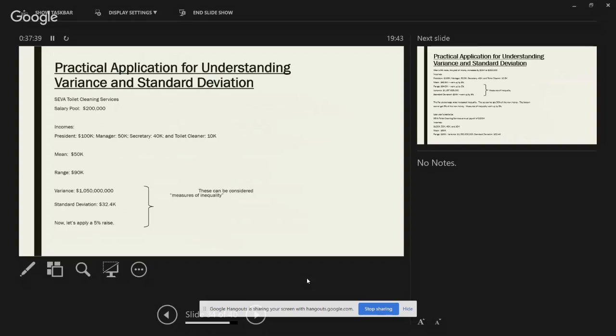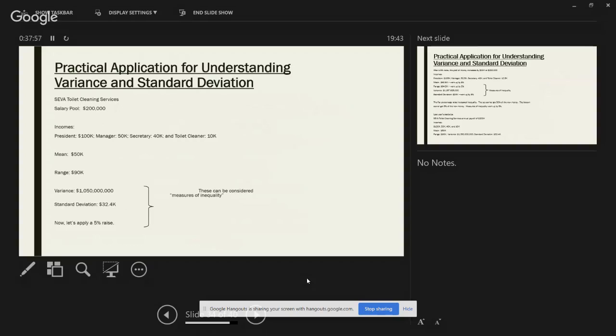And if we see the standard deviation here, it comes out to be $32,400, which basically means that from the mean value, the difference is somewhere around $32,000. So that is a huge difference.